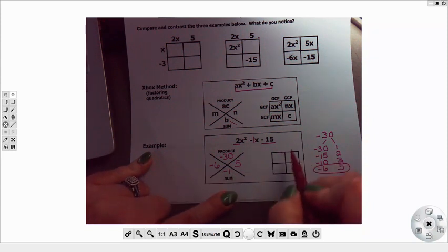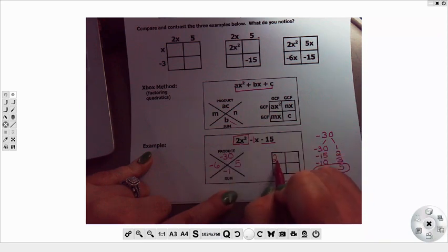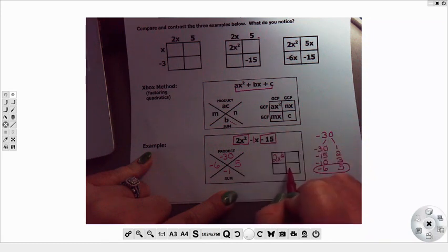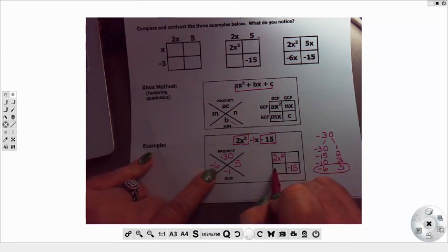So in our box, our first term is going to go in the top left box. Our third term is going to go in our bottom right box. And then I'm going to use these two factors to fill in the middle. So this is going to be negative 6x, and this is going to be 5x.